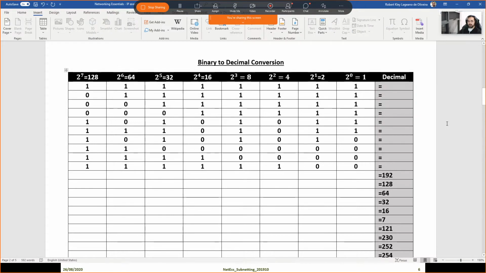28. Just simply add. 128. Just working it out. 255.